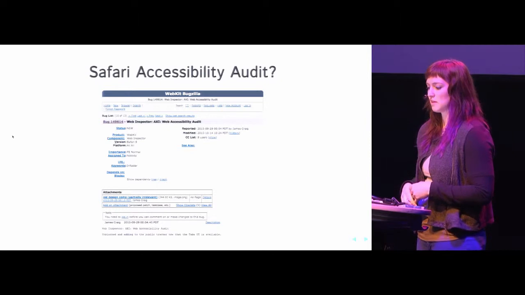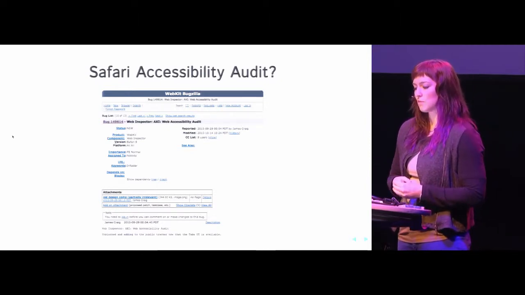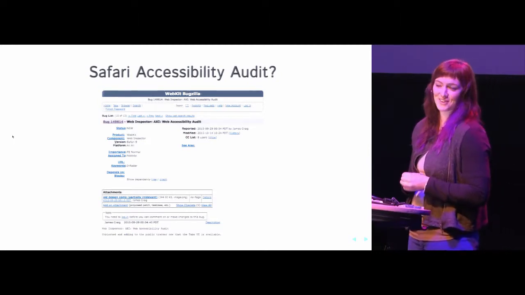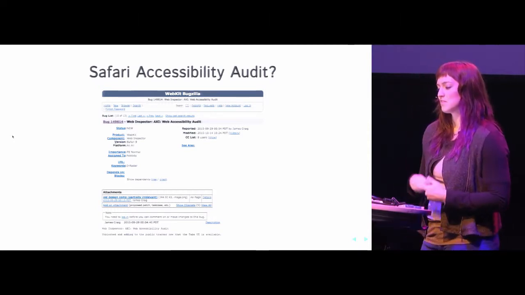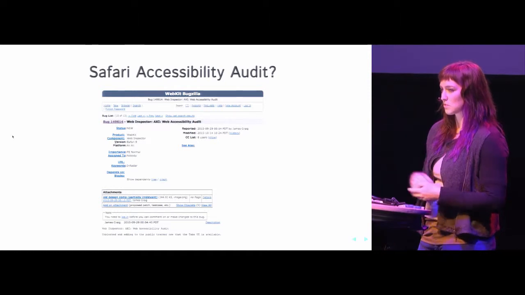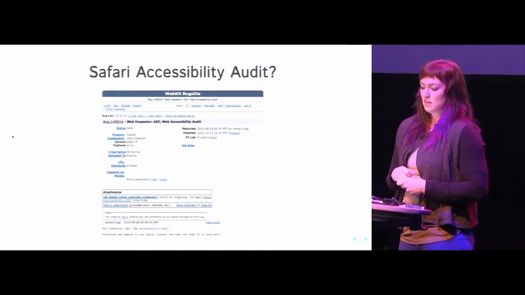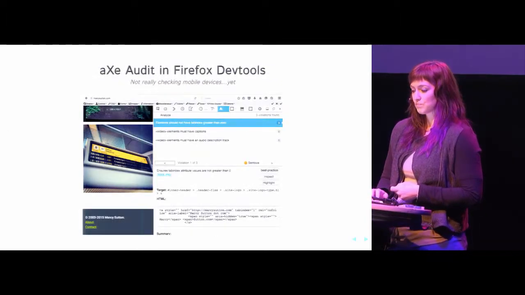And so in the WebKit bug tracker, there is a ticket in there for a web accessibility audit in the web inspector. So somebody is going to do this. I think Apple can do it better than anyone else, but this is out there for anybody to go pick up. And you can check out WebKit. It's an open source browser. So I'm keeping track of this to see how far we get. It would be really awesome to have it in Safari.